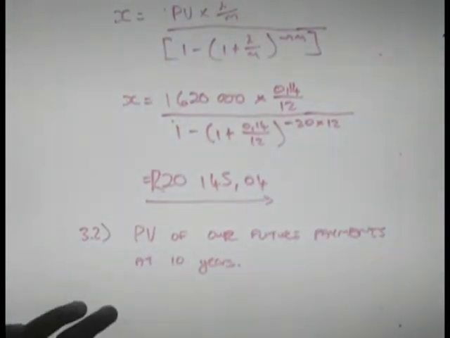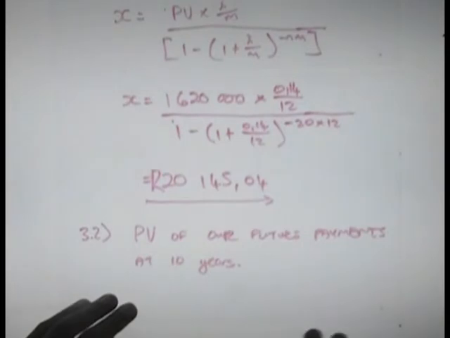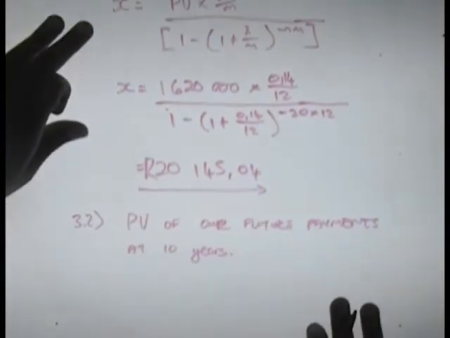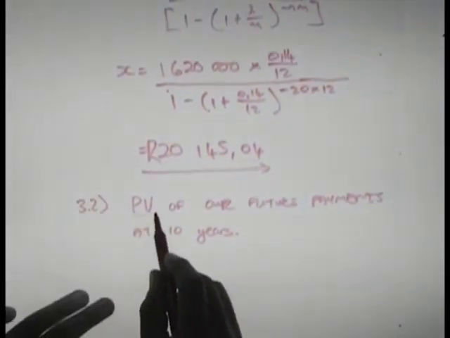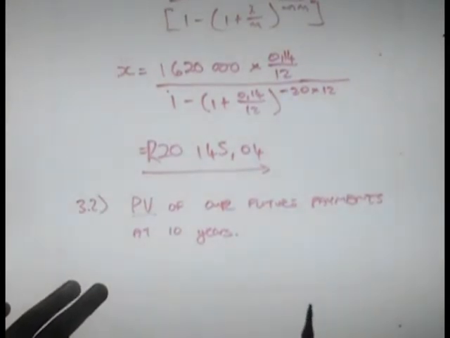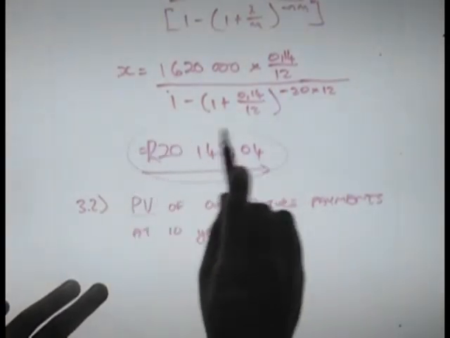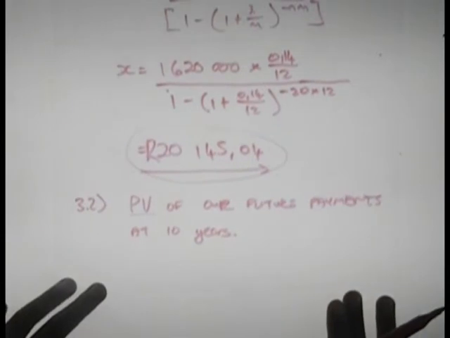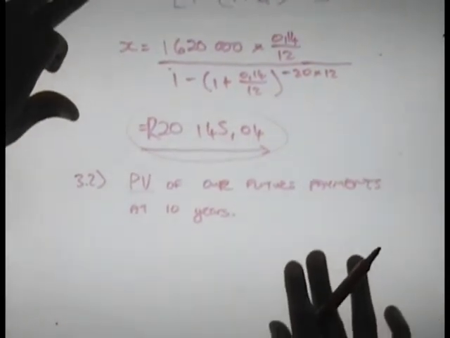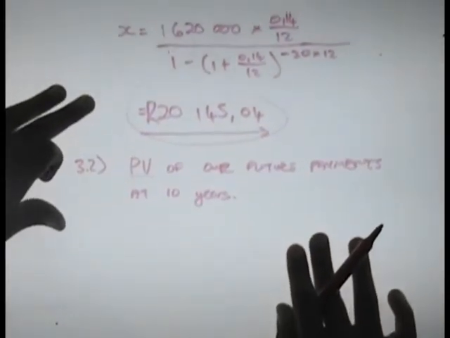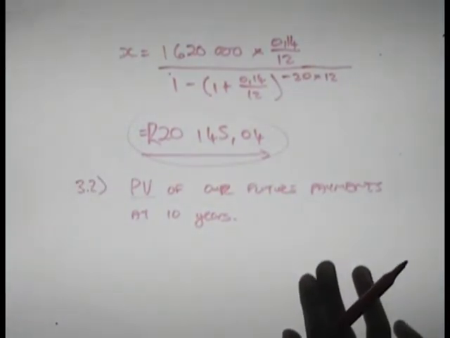Now, the way we are going to do this, we are going to look for the present value of a 10-year loan with payments of 20,145 Rand. Let us look at how that comes about.